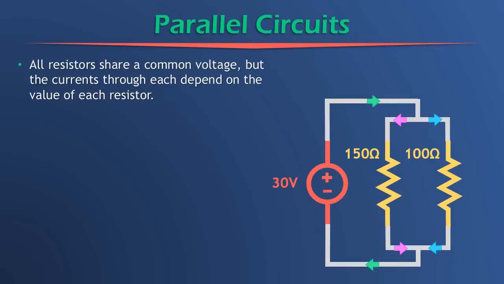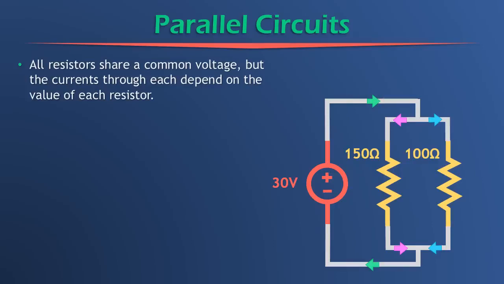But the difference between parallel and series is that the currents through each of these resistors can be different, and in this case they are different because the values of the resistances are different. So there's going to be less current flowing through the 150 ohm resistor than in the 100 ohm resistor. And say we wanted to find the current up here, the green current. How could we do that?